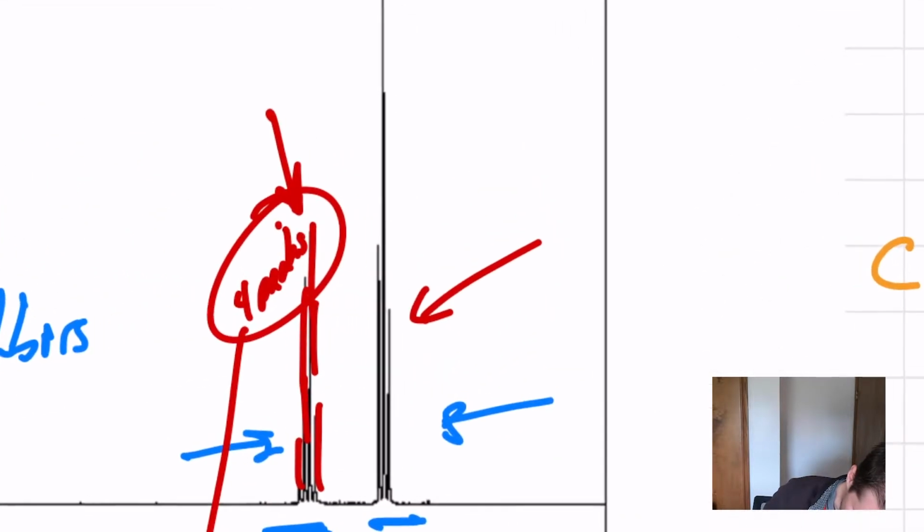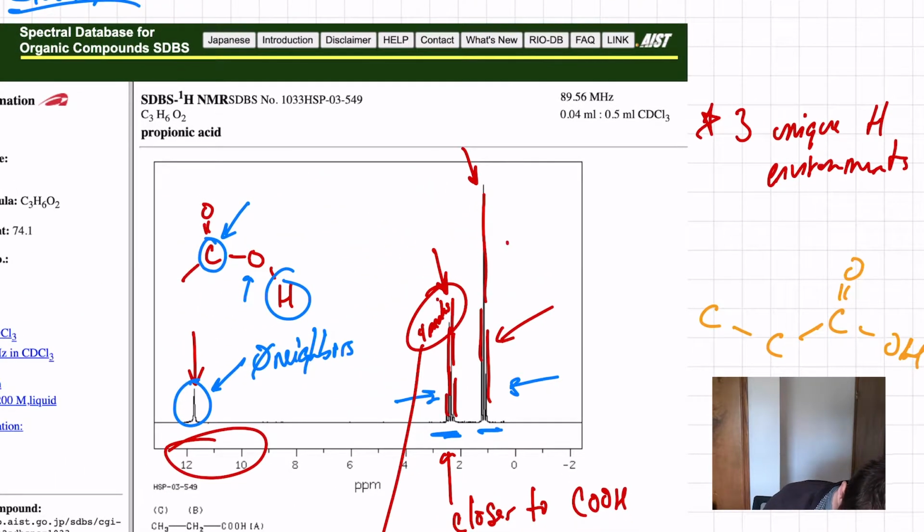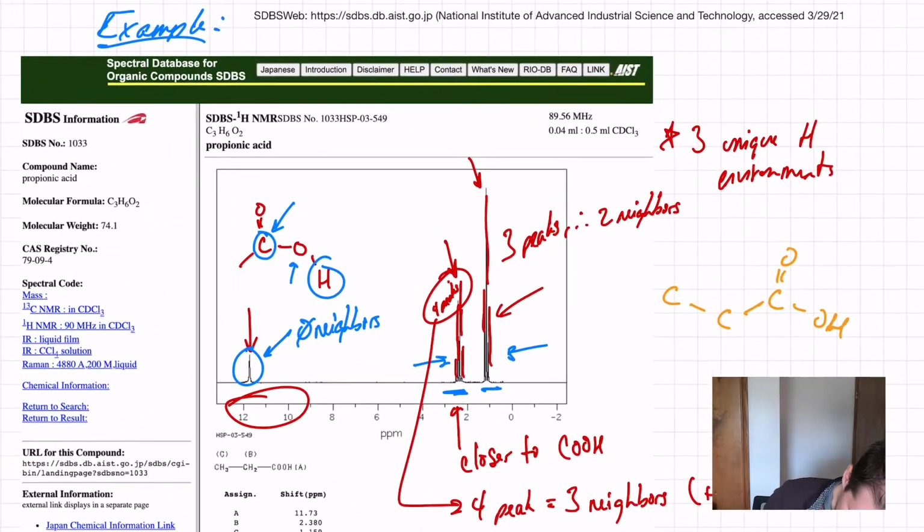Let's zoom in on this one here. We have 1, 2, 3, so this has 3 peaks. Therefore, it must have 2 neighbors. So at this point, I have a proton environment that has 3 neighbors and another that has 2 neighbors.